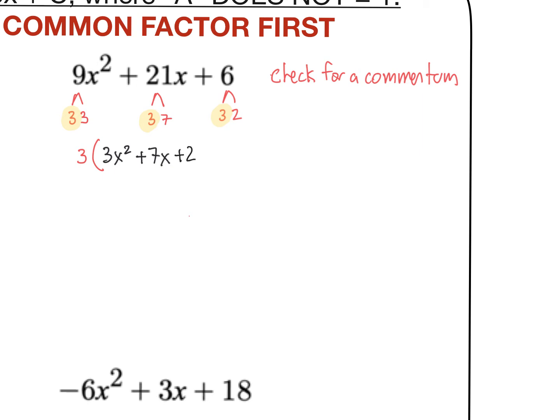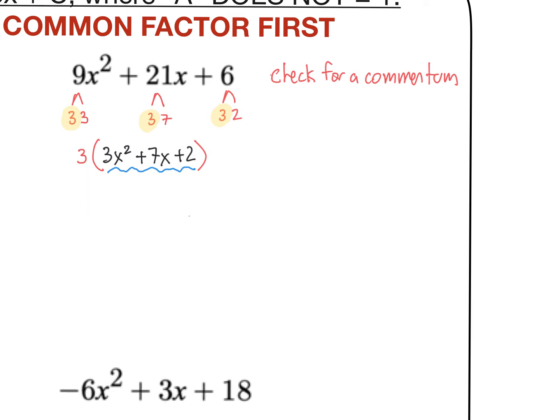Okay. Now we have factored out a common term, and we're going to work with this part in the same way that we did, and keep bringing down all the steps, not forgetting about this 3 that is out in front.